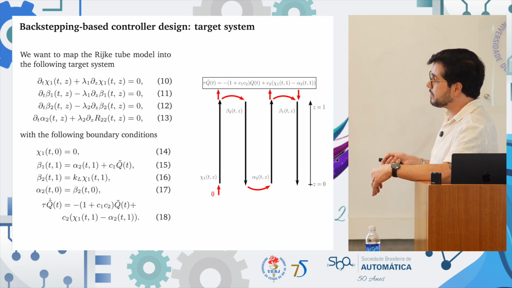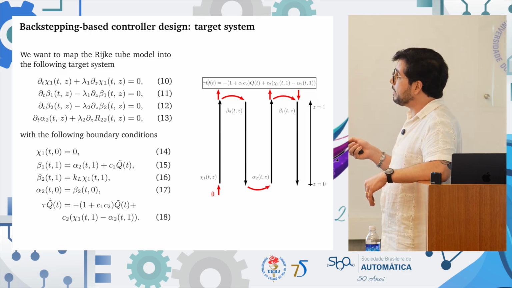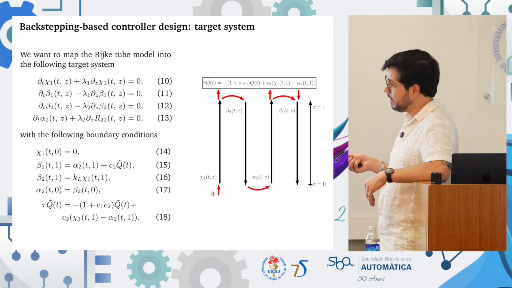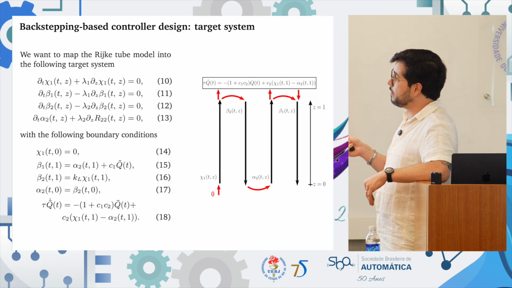So this state will be 0 in finite time. Then the value of the state at this boundary is the input of this ODE. So this term will be equal to 0 in finite time. After this information 0 is transported to the top here, this term becomes equal to 0.